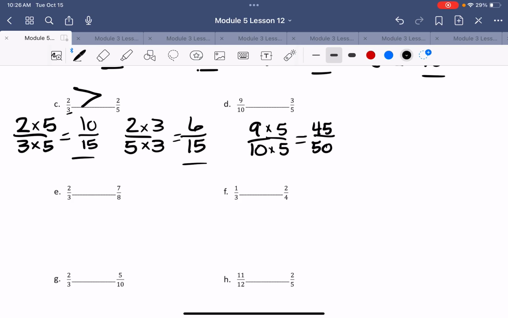So now we have 3/5 times opposite denominator, which is 10. So we get 30/50. Is 45/50 or 30/50 greater? Well, 45, so we know 9/10 is greater.